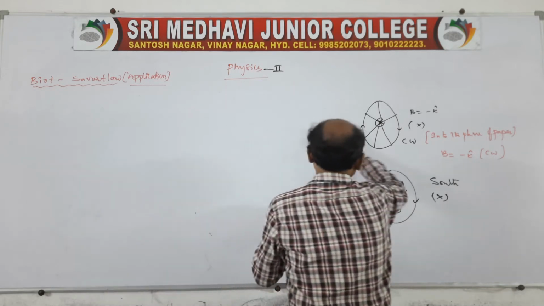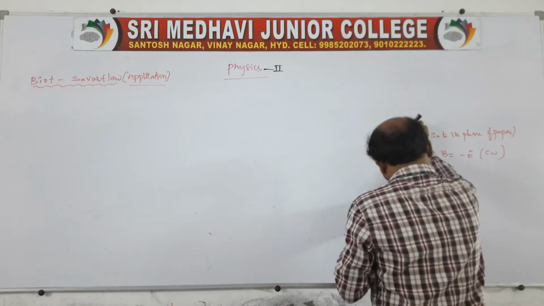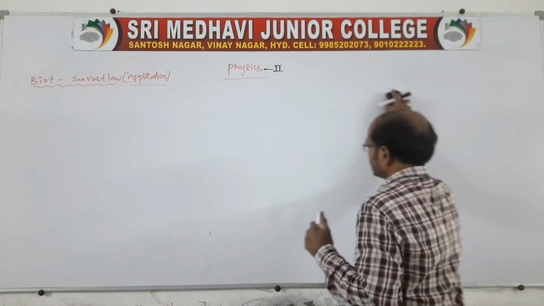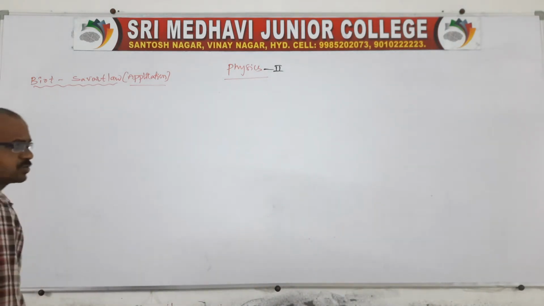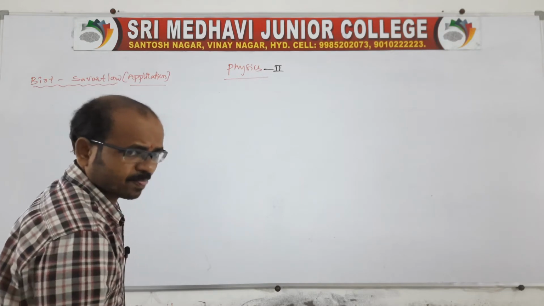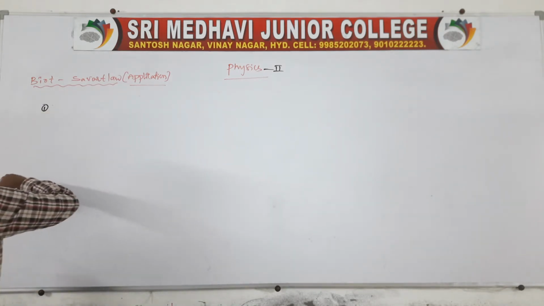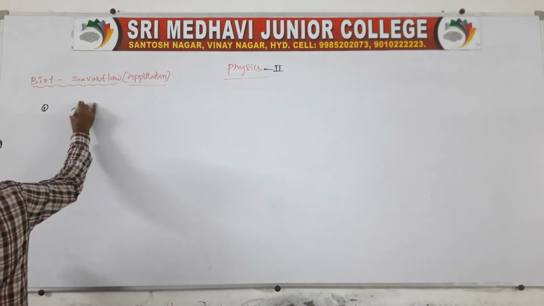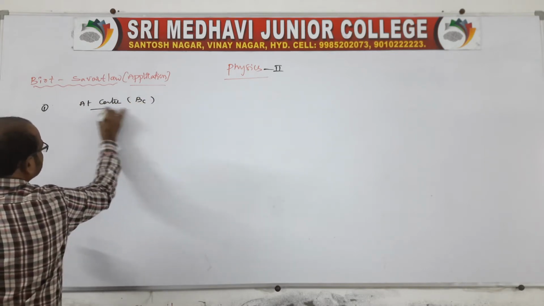In this, the first one is at the center, and the second one is at a distance x from the center. Now let us go for the first one: the current carrying circular coil, and find the magnetic induction at the center. So I want to calculate B_C at the center.